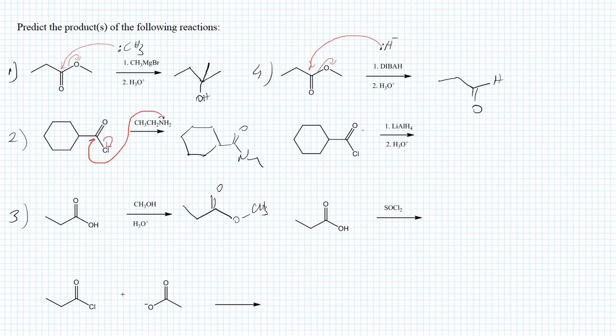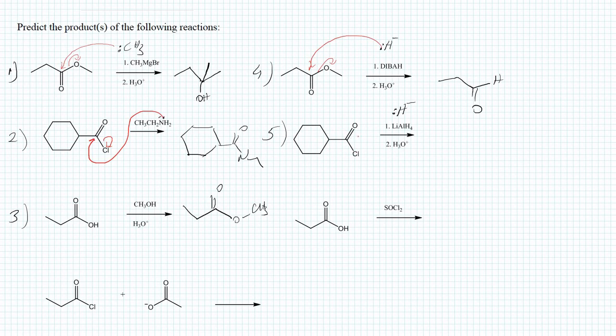Let's look at the next question. This is again reduction of carboxylic acid derivatives, where we have the reducing agent lithium aluminum hydride. Again we can think of this as a hydride, but don't forget lithium aluminum hydride is a powerful reducing agent, so we don't stop at the aldehyde level, we go further. So let's look at what's going to happen.